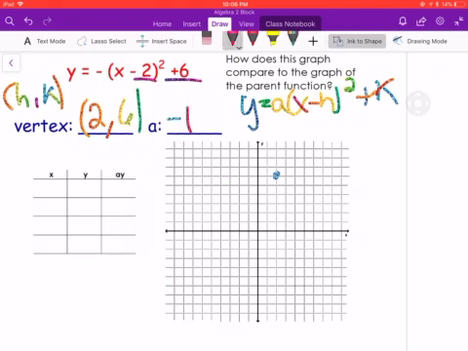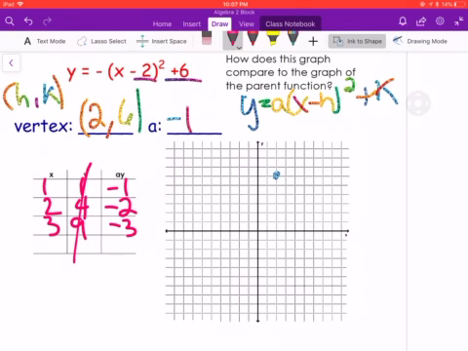So that means it's going to follow the same parent function pattern except for opening down. So it'll be over 1, up 1, over 2, up 4, over 3, up 9. But instead of going up, it'll go over 1, down 1, over 2, down 4, over 3, down 9.